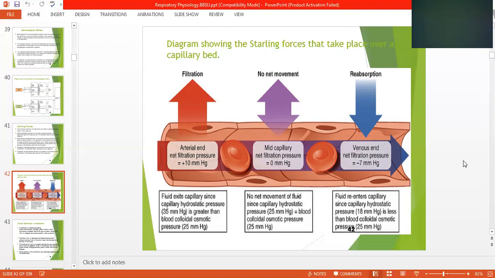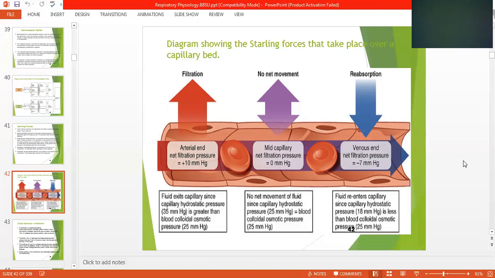So fluid doesn't move from the tissues to the capillary or from the capillary to the tissues. But with high pressure in the capillaries, which is 35 mmHg, and in interstitial fluid 25 mmHg, it means it will move from higher to lower pressure.